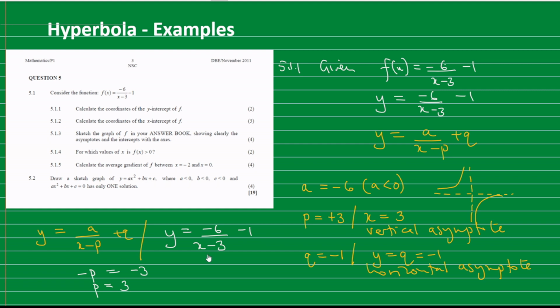Another way you can find the value of p is to find the value of x that will give this denominator a value of 0.